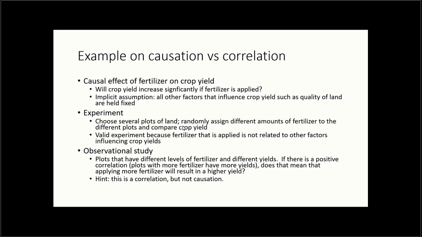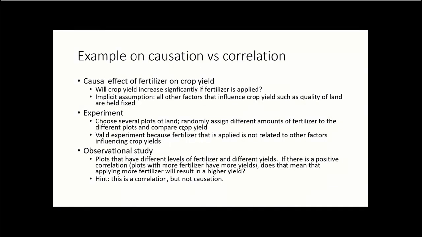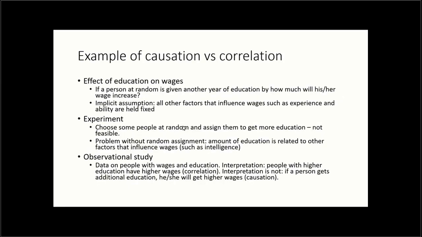It could be that other factors affected the crop yield as well. Maybe more fertilizer was applied to land that already had higher productivity and richer soil, and that's what caused the higher yields, not necessarily the application of the fertilizer. So in an observational study we just have a correlation, not causation.